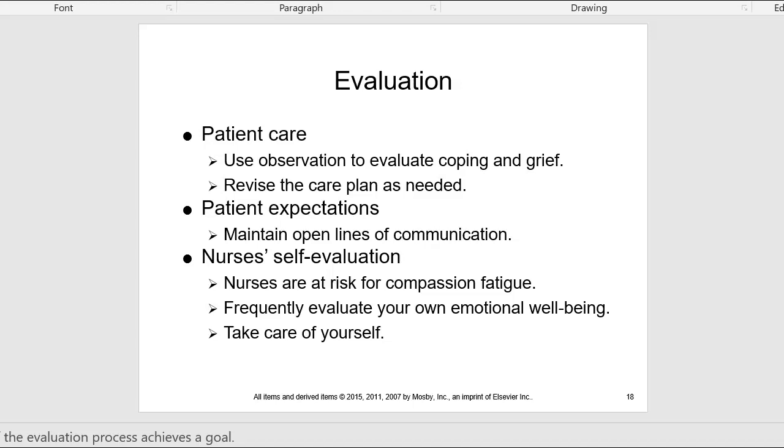So one of the most important things we do when we're dealing with loss and grief is that therapeutic communication. So practicing that and examining how you go through grief and loss can help you experience that loss and grief of a patient in a different way, in a professional way.